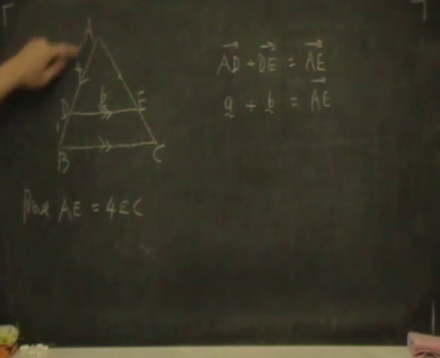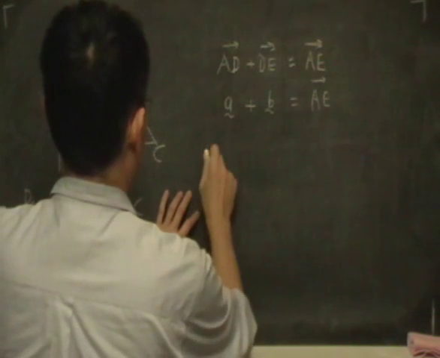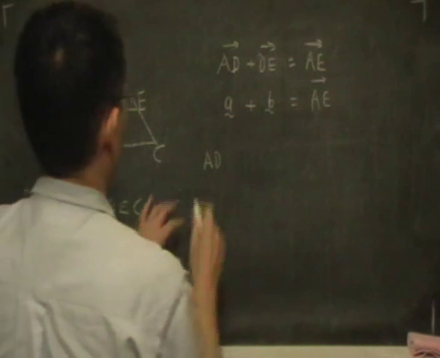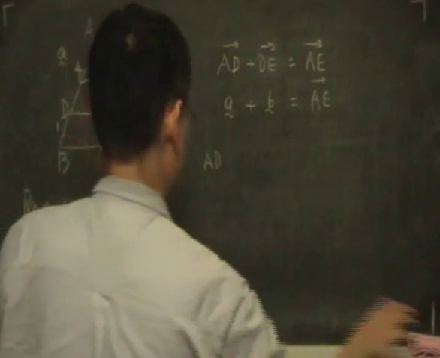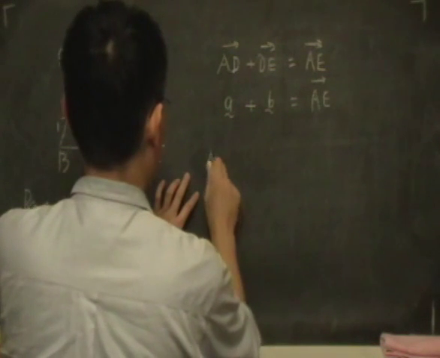If we think of AD as having 4 parts, then AB must be 5 parts.